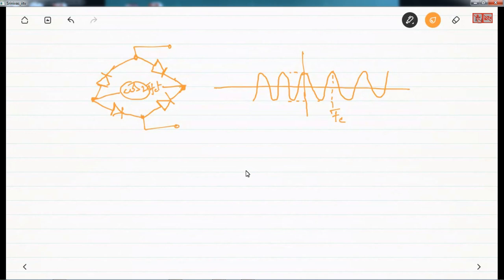And then what do we have here? Because of this circuit, this is the on period. The signal flows during this time. It won't flow this time. The signal flows during this time. It won't flow this time, and so on.